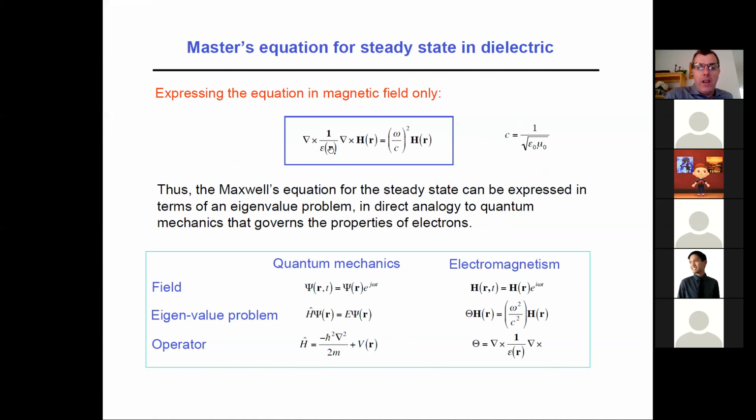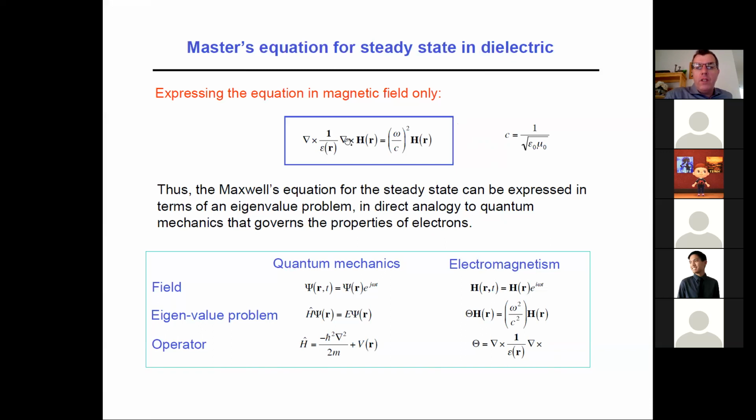And we take advantage of the fact that 1 over epsilon is piecewise constant. If you've got a mixture of silicon and air, inside silicon, epsilon is 3.1, 3.6. Well, n is 3 point something, so n squared is like 10, so 1 over epsilon is 1/10. Outside of it, in air, 1 over epsilon is 1.